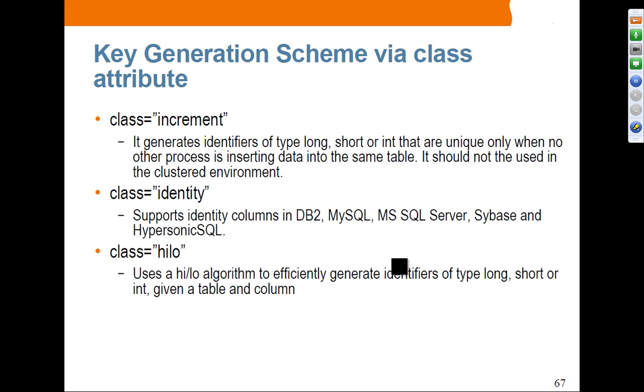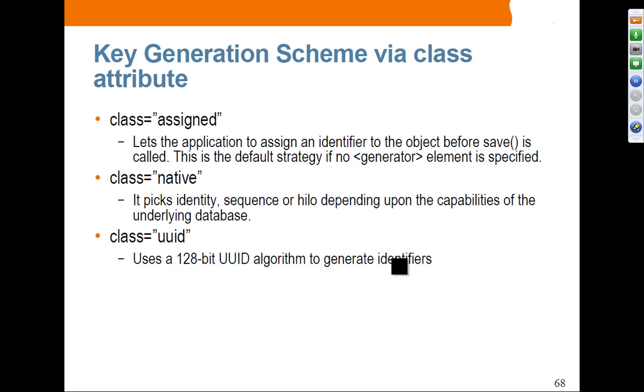High-low is using the high-low algorithm. And assigned is where the application is the one that actually assigns an identifier. So this is the case where it is the application's responsibility to assign the key value.